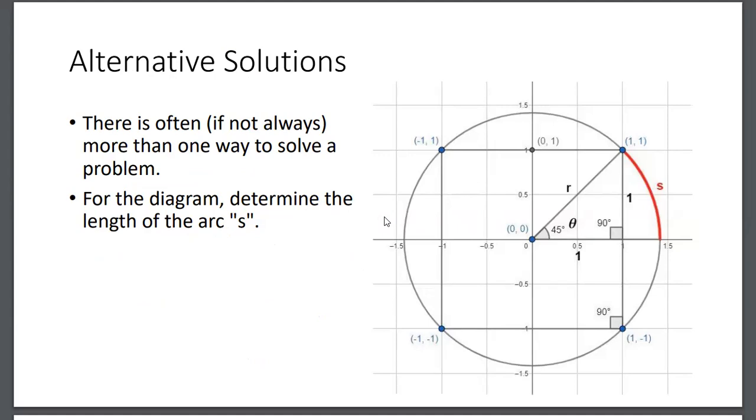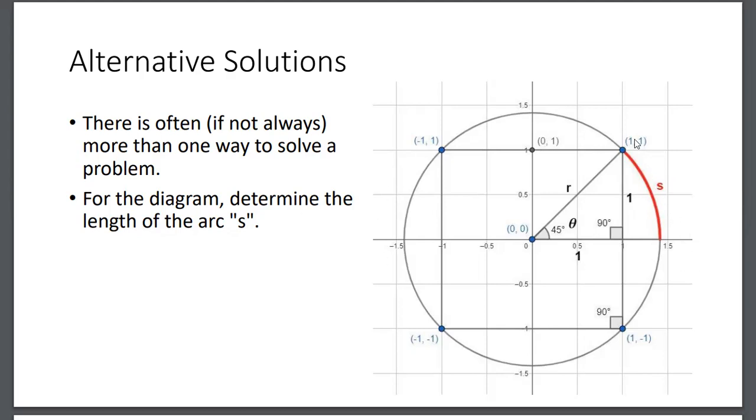For this diagram on the right, we're asked to determine the length of the arc labeled with the variable s here. Before we look at the alternate solutions, let's take in what we're given, understand the geometry, the landscape of this problem.